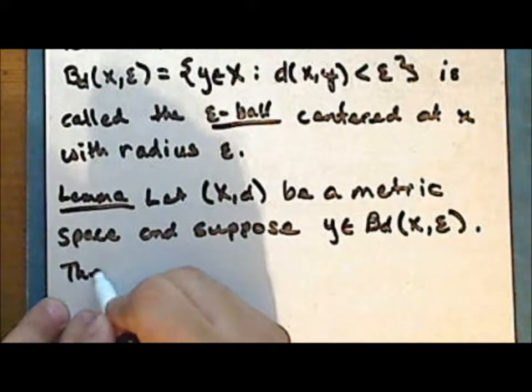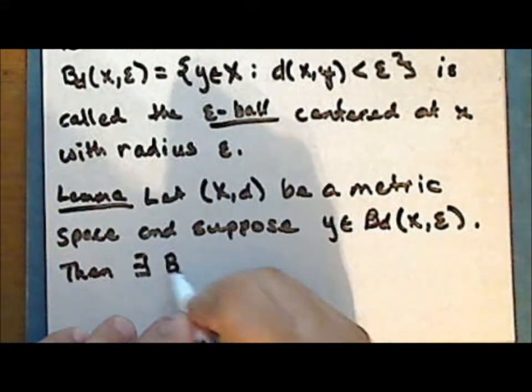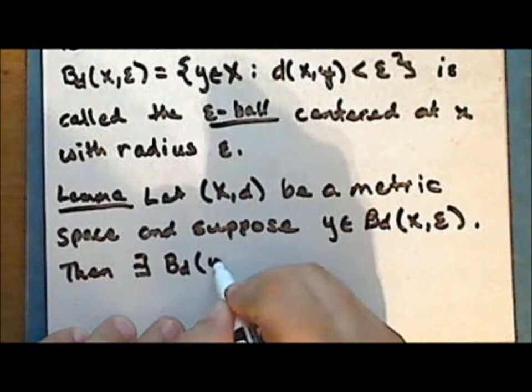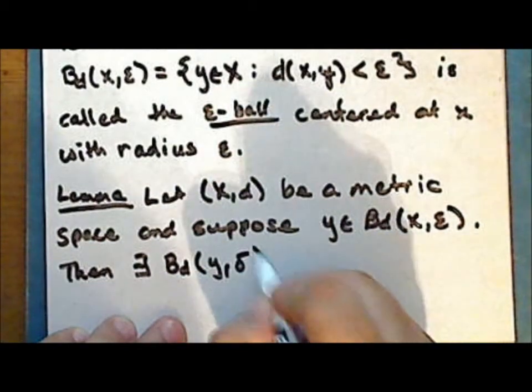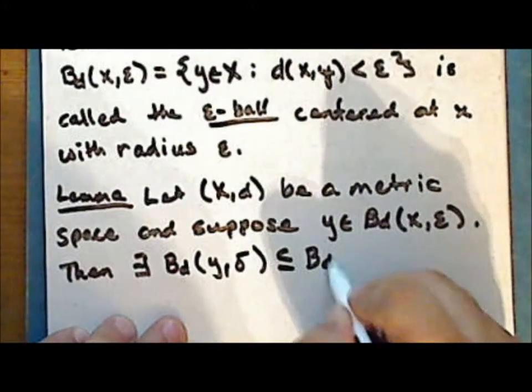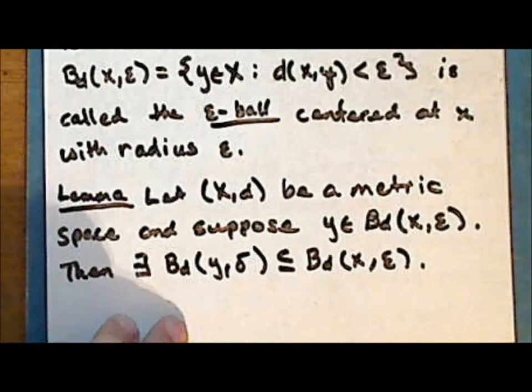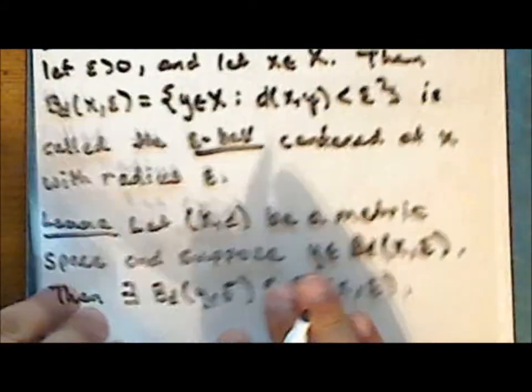Then there exists an epsilon ball centered at Y with radius delta that is a subset of the epsilon ball centered at X with radius epsilon. Alright, so prove this theorem, or this lemma.